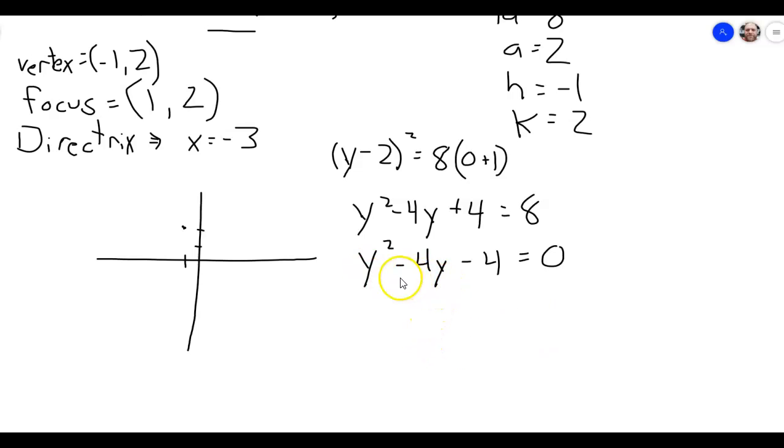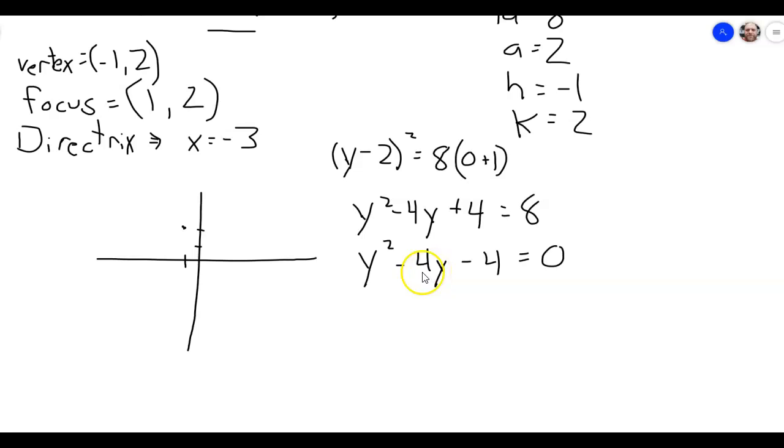Now, as you notice here, there is no way to factor this, because the only factors of -4 would be +2 and -2, which is not going to give us that here, or +4 and -1, which does not add together to give us a -4, or -4 and +1, same thing.